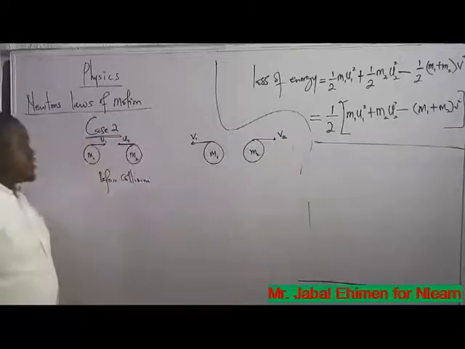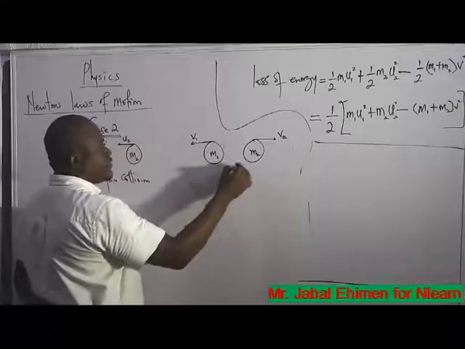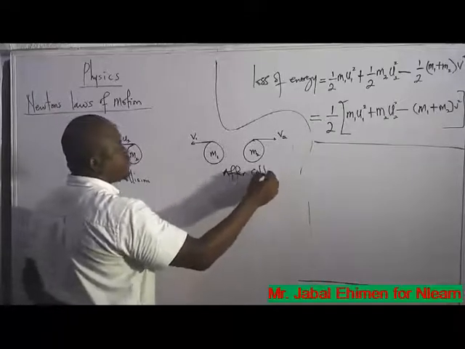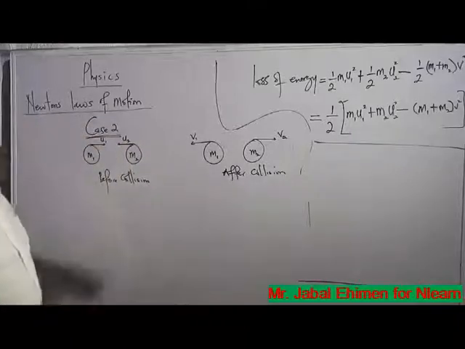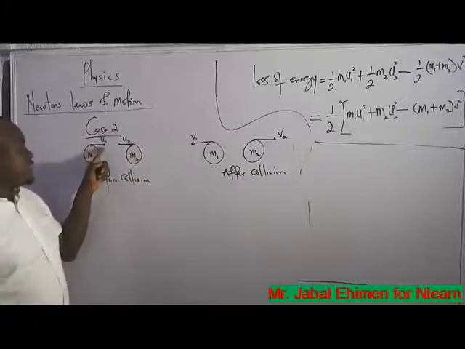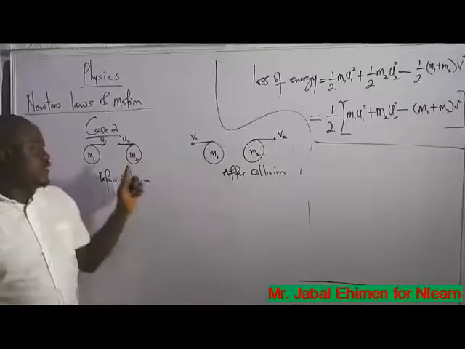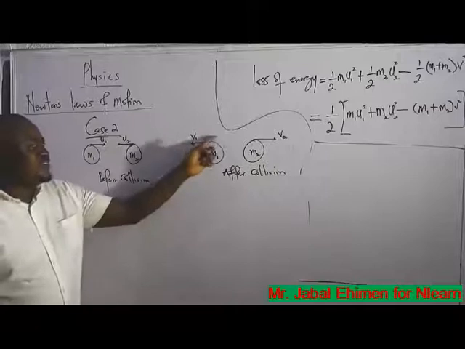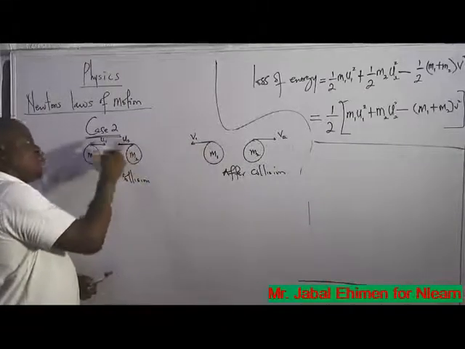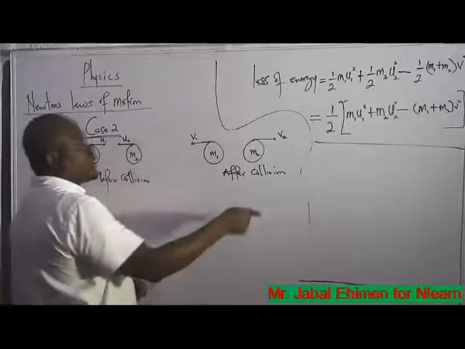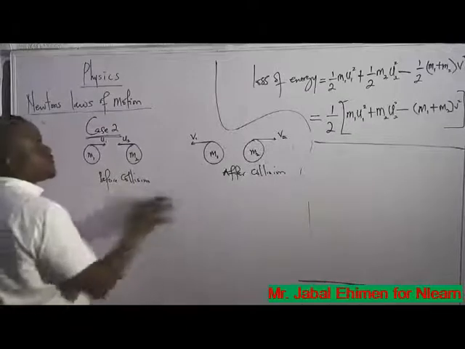Now, this is after collision. Now, take a look at it. M1 was moving in this direction, but when it collided with M2, it changes its direction. And M2 was moving in an opposite direction to M1, but when they collided, it moved in the other side. Now look at it. Initial momentum is equal to final momentum.